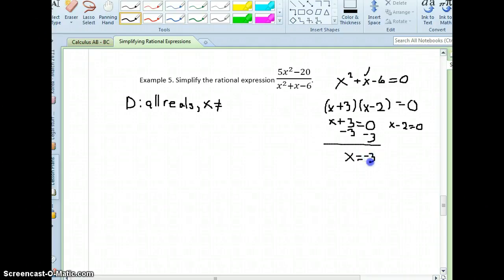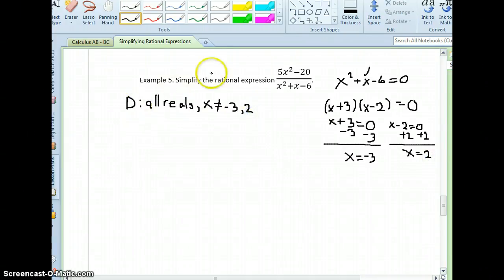That's my first exclusion value for the domain. And let's go over here and add 2 on both sides of this equation. So we learn that x equals 2 is the other value that we're going to exclude.